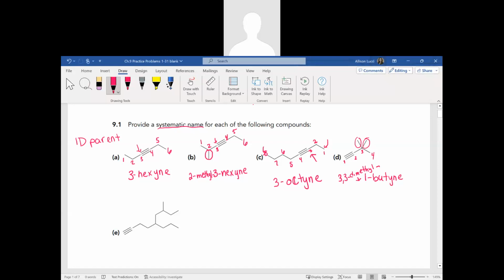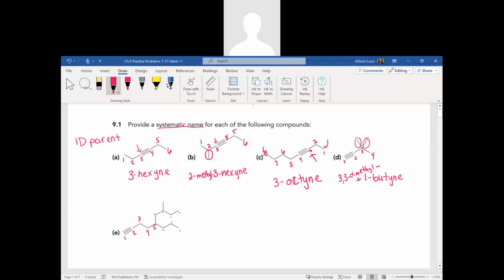And the last compound that we'll take a look at together, our longest carbon chain. We're going to have to start here and count 1, 2, 3, 4, 5. And then we get to this crossroad here. We could go down, and that will give us just 1, 2, 3 other carbons in our longest chain, or an octyne. But if we go up here, notice that we have 6, 7, 8, and then we should have 9, right?